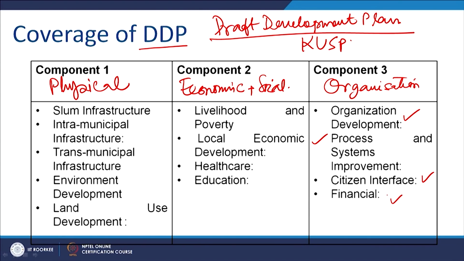So, even if it is a planning document, component 3 takes care of the governance element, so that the planning provisions or the development works can be streamlined in a better way through an efficient organization.